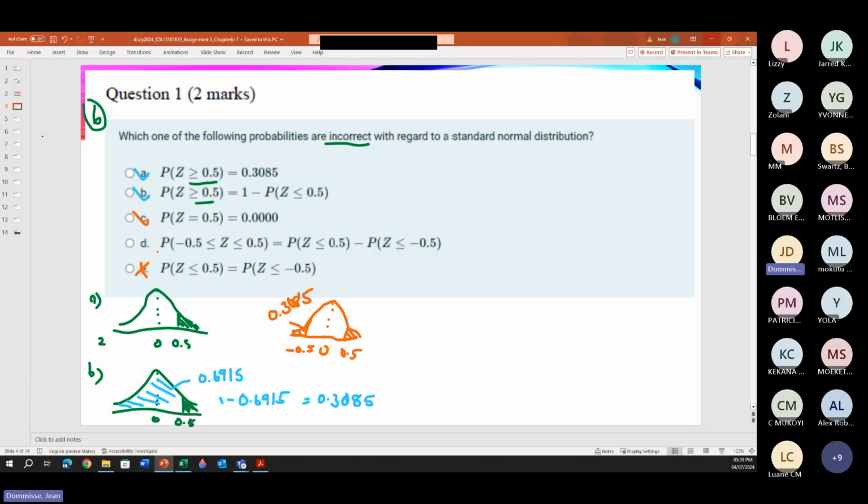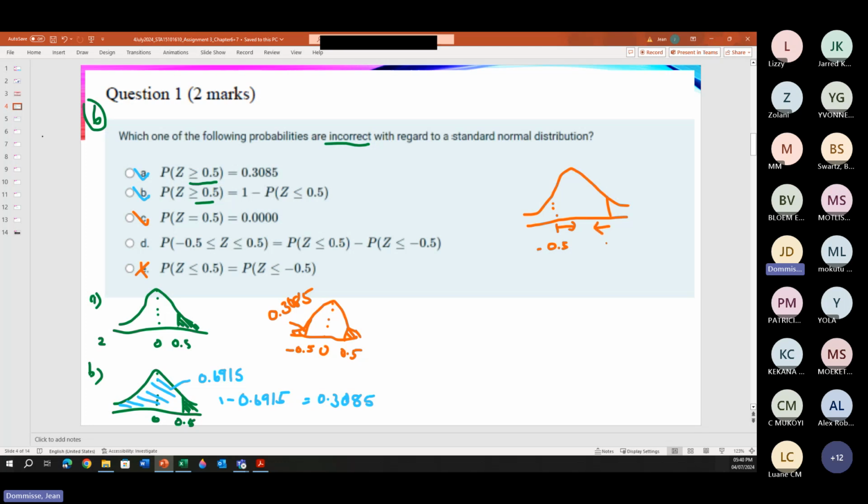So let's look at options D and E, and graph it out. Here they say the probability of Z bigger or equal to minus 0.5, sorry, but smaller than 0.5.